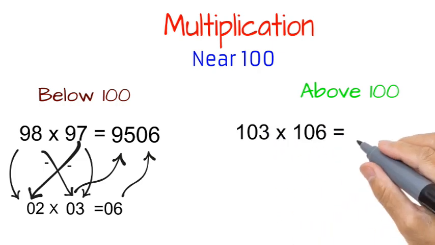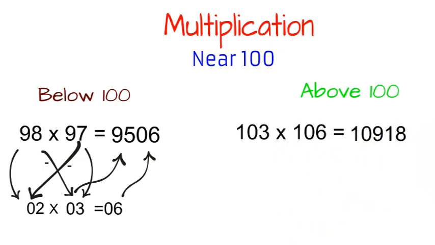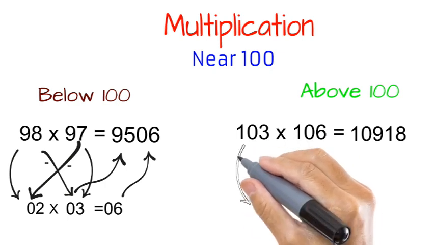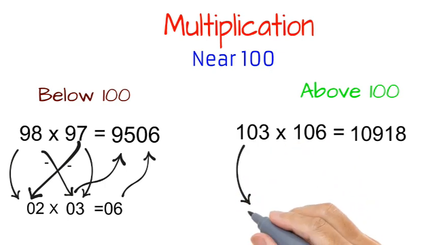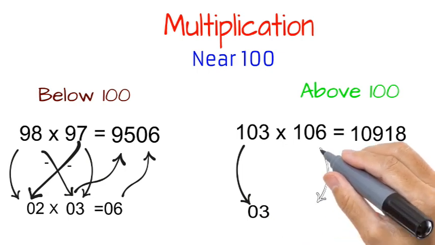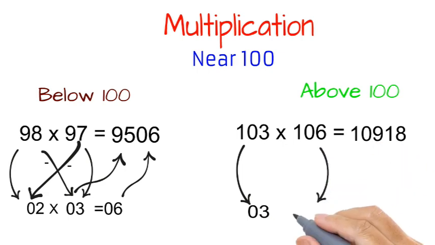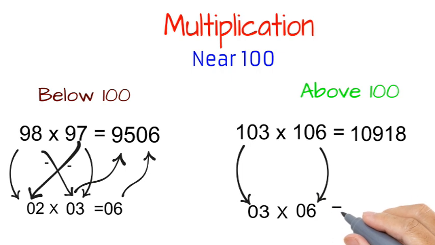Say an example, 103 and 106 is equal to 10,918. It's the same method: the difference between 103 and 100 is equal to 3, and the difference between 106 and 100 is equal to 6.